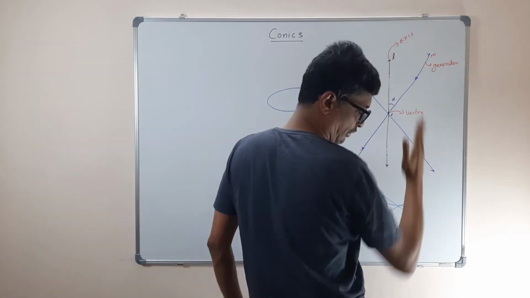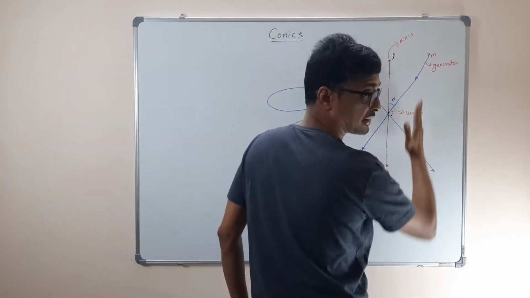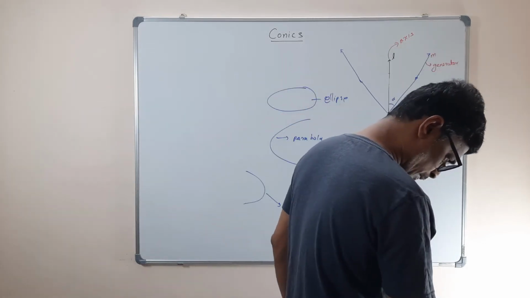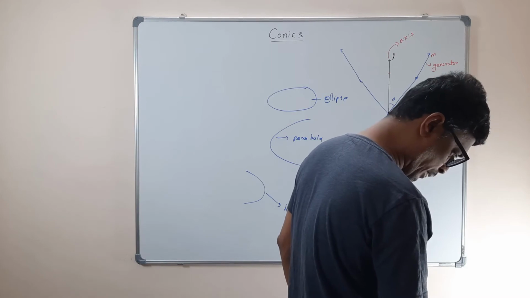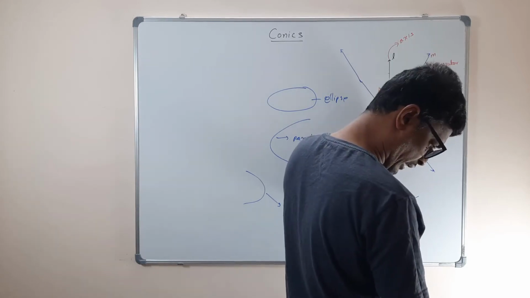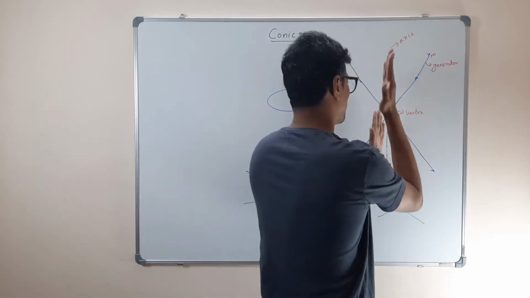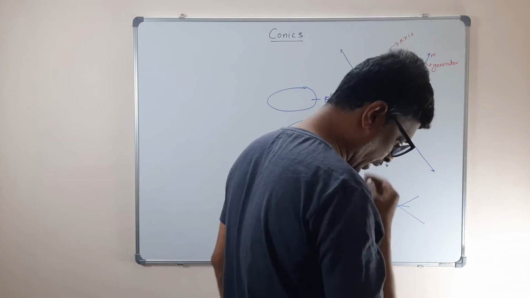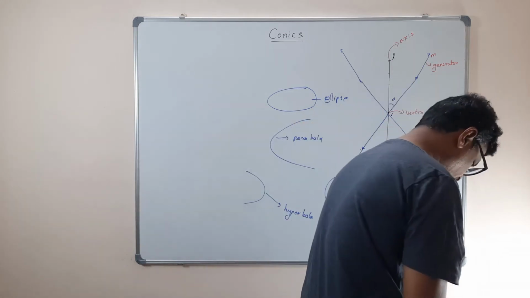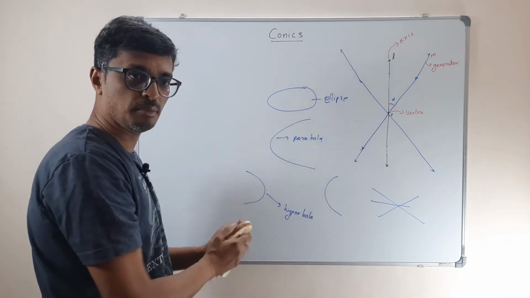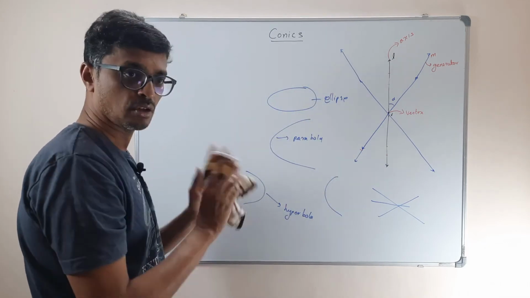But anyway, in your book it is written that it should be parallel to the axis, so maintain the same. And the last one, a plane containing a generator and tangent to the cone, gives you two intersecting straight lines. This whole set of curves that you can form is what we call conics.